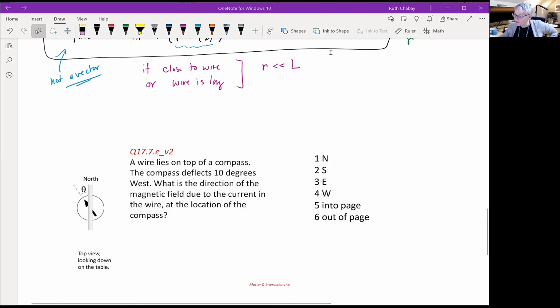No, we do have this plus x minus x. Okay, so let's establish a coordinate system. So this is y, that's x, and z is out. So by looking at the compass, what direction was the, yeah.